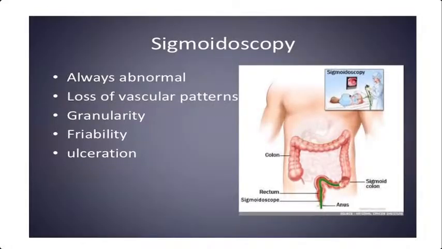Sigmoidoscopy is generally abnormal. Loss of vascular patterns, granularity, there's friability, and of course the classical ulcers are seen on endoscopy.